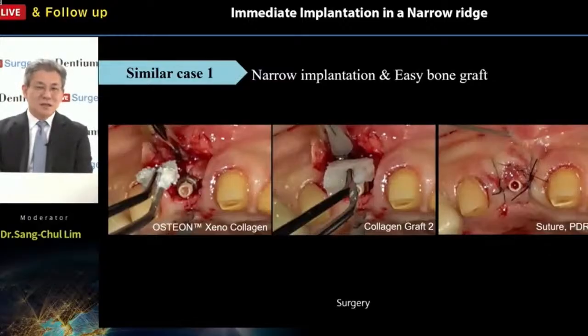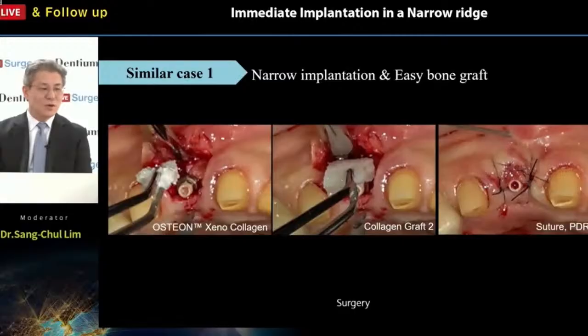First, xenograft gives us better bone forming compared to alloplastic material, right? And second, the collagenated bone gives us easy handling, easy molding, and better stability when applied on the defect compared to just particulated bone.